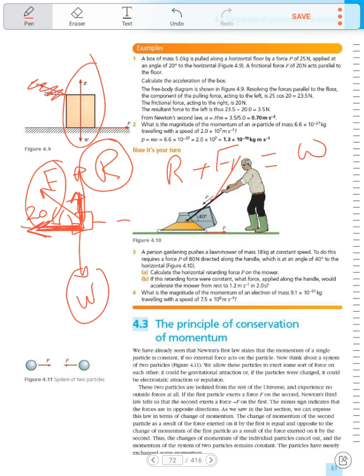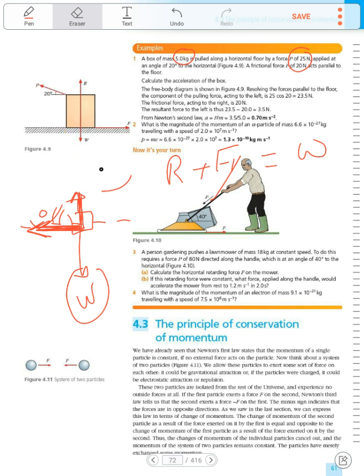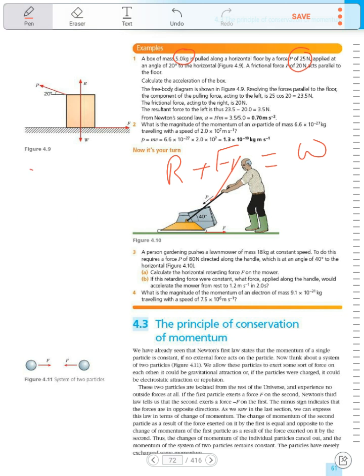Let's try to solve this question. A box of mass 5 kg is pulled along a horizontal floor by a force of 25 newtons applied at an angle of 20 degrees to the horizontal, figure 4.9. Calculate the acceleration of the box. Resultant force equals mass multiplied by acceleration.